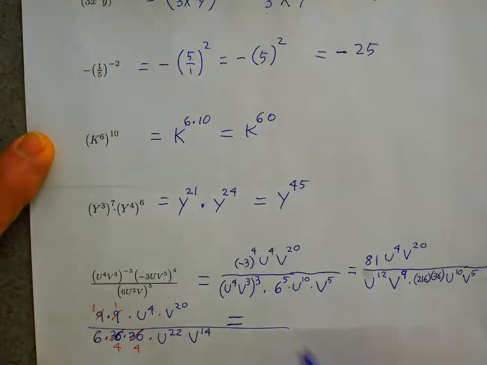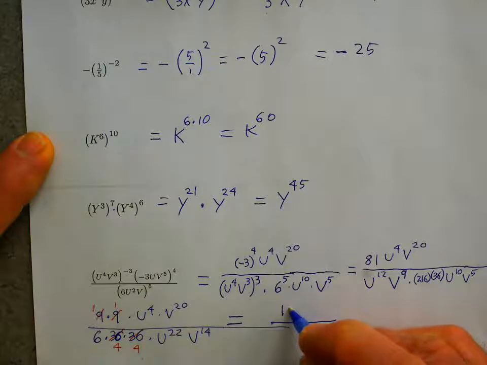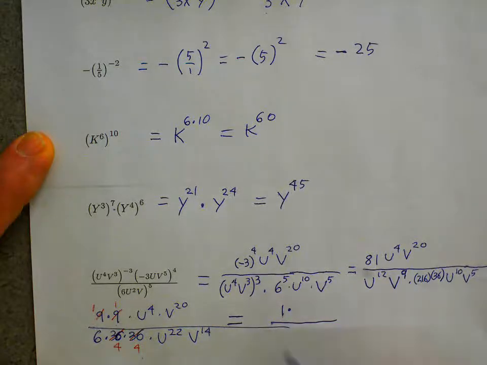And in the denominator, we have 6 times 4, which is 24. 24 times 4 is 96. So we have a numerical coefficient of 1 in the numerator and 96 in the denominator. And then what's u to the 4th divided by u to the 22nd?